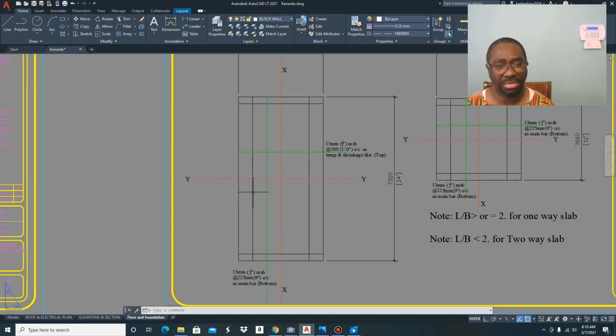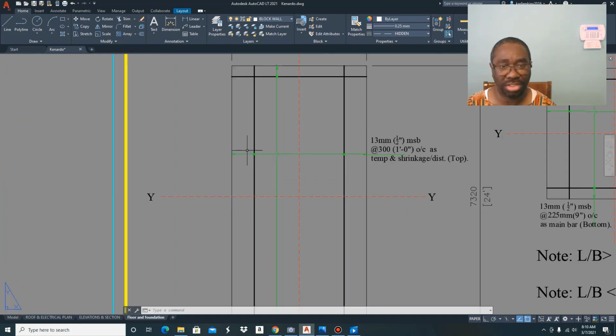Now, when it comes to the YY direction, that is where the load is distributed. So in one instance, the transverse bar is carrying the load, and in the other direction, the longitudinal bar is distributing the load. And this is our longitudinal bar here.